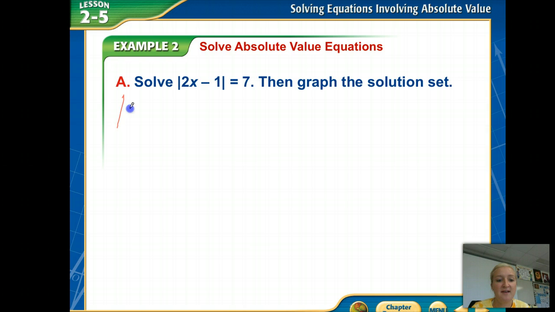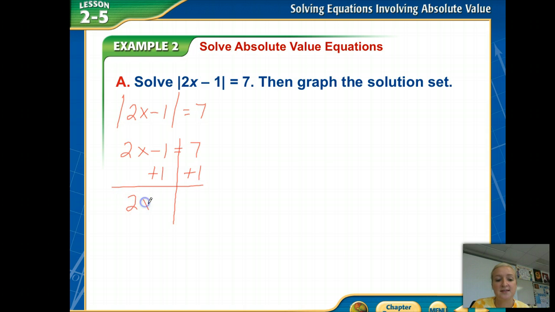All right, so if I have the absolute value of 2x minus 1 equals 7, I have two cases to consider. The first one is I'm going to rewrite the problem without the absolute value sign. I'm going to solve this equation for x. I'm going to add 1 to both sides.